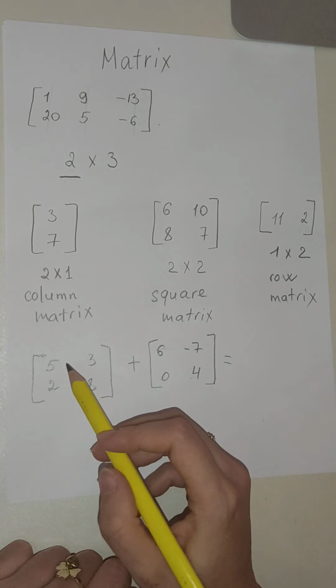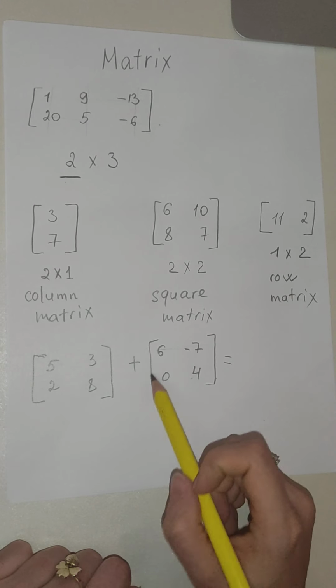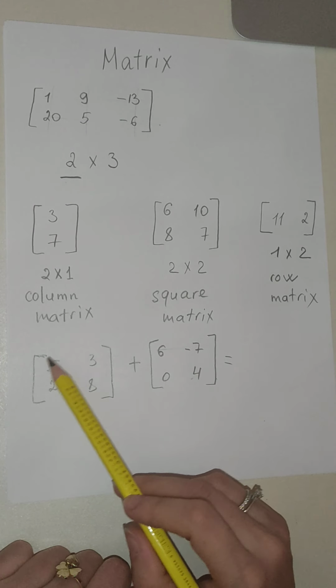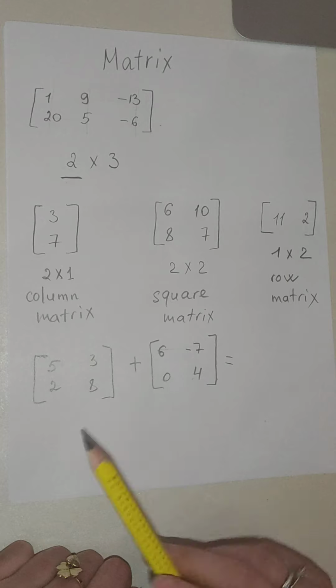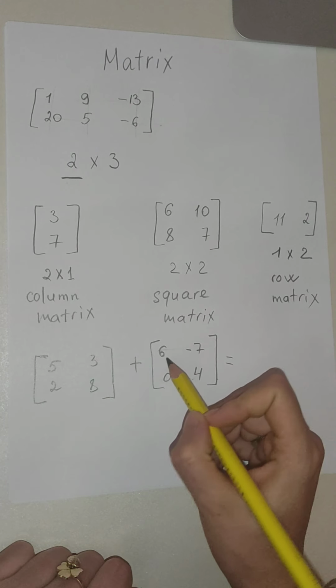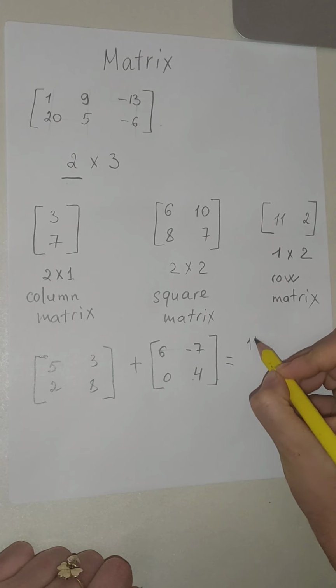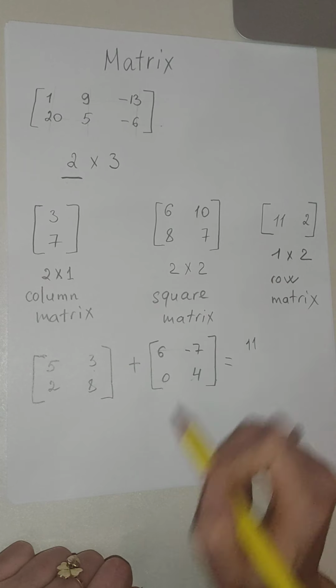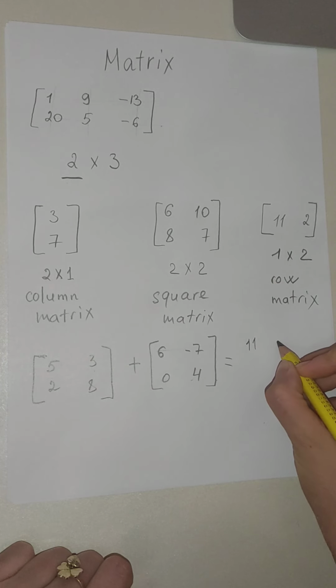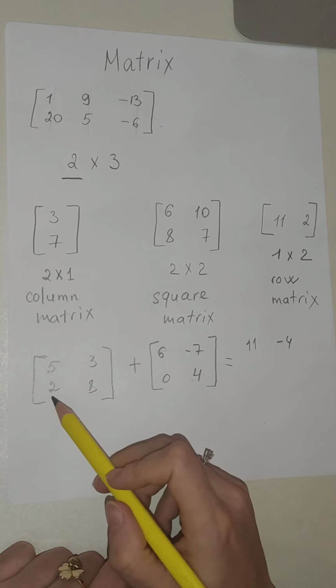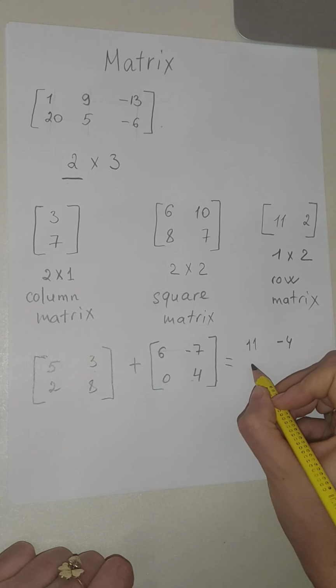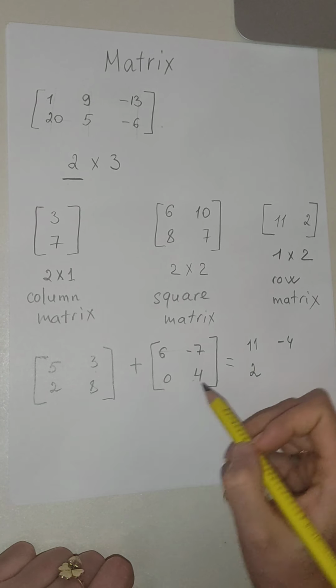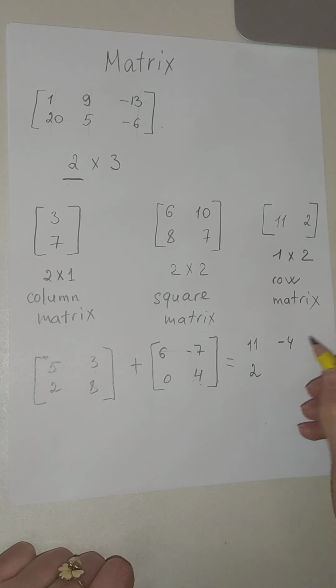For example, if we want to add 2 matrices, we should add each number respectively. 5 plus 6 is 11, 3 plus negative 7 is negative 4, 2 plus 0 is equal to 2, and 8 plus 4 is equal to 12.